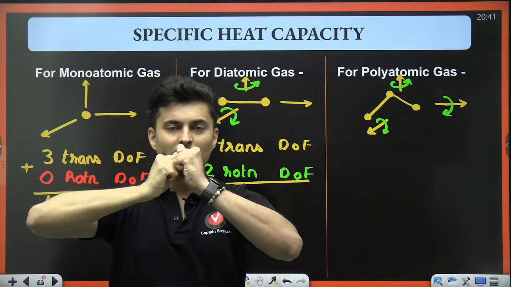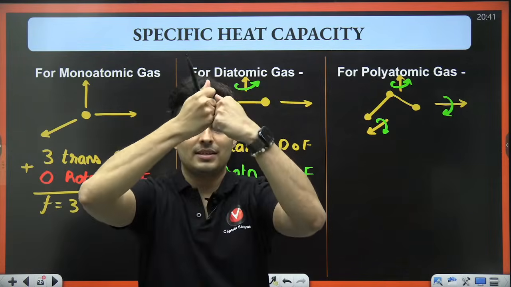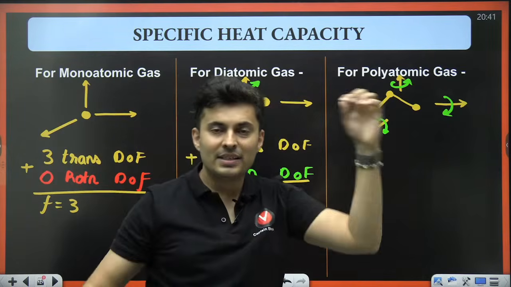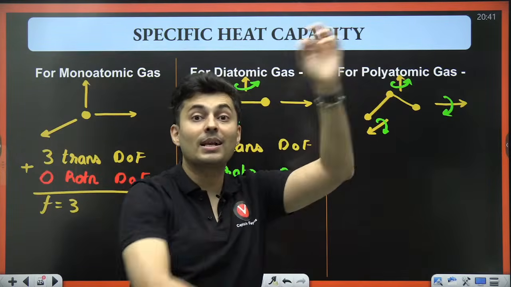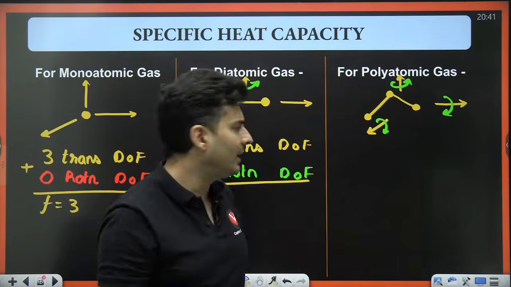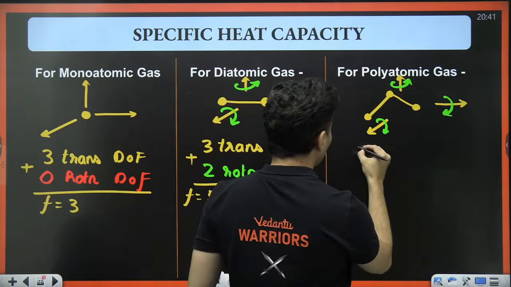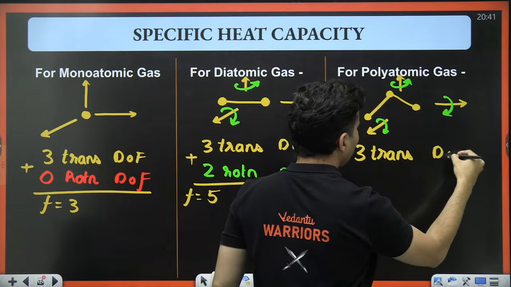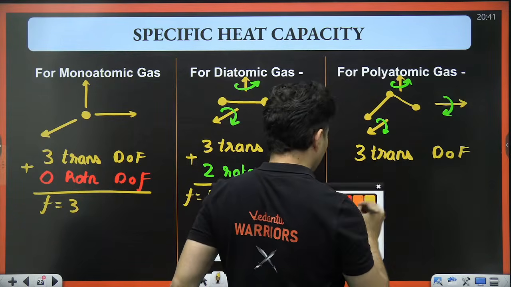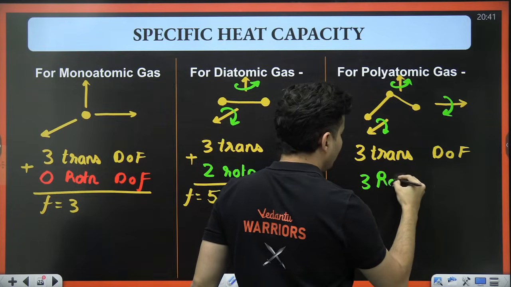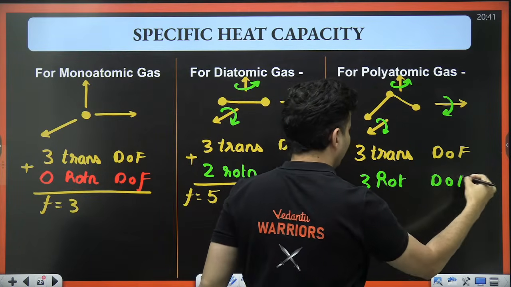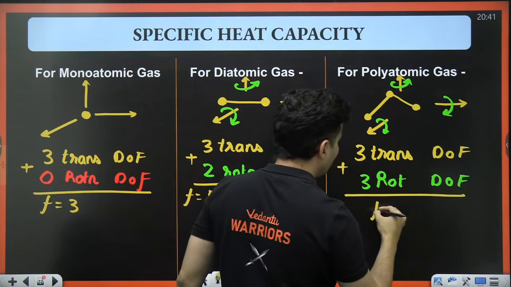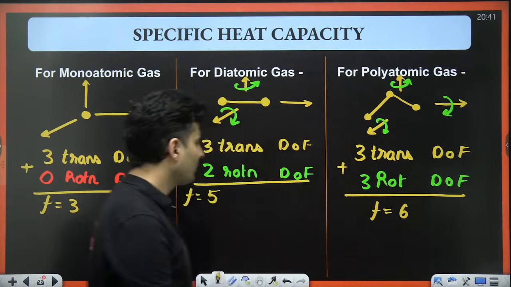Because it is polyatomic, so when you rotate it about this axis or this axis or let's say this axis, you will see the molecules are going in circles of significant radius, so significant energy. Hence, I will say it has 3 translational degrees of freedom. It also has 3 rotational degrees of freedom, and together it has a total degrees of freedom equal to 6.